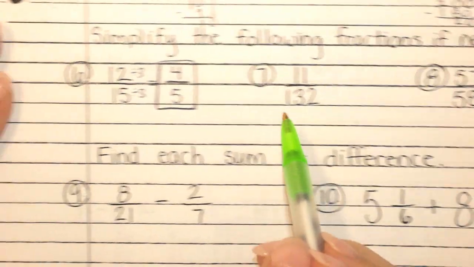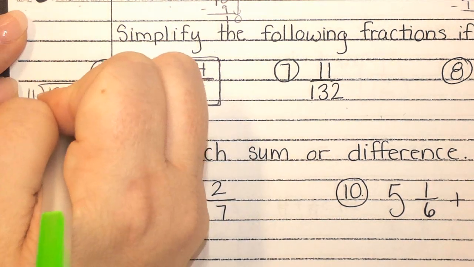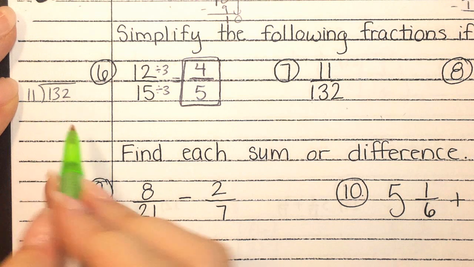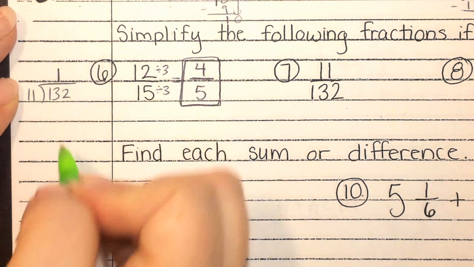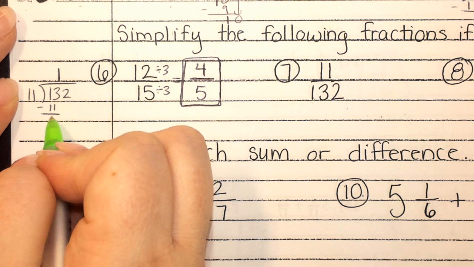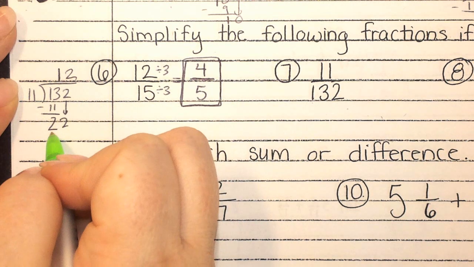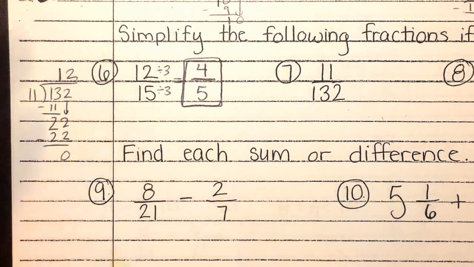And if we're not sure, guys, 11's the only number I can use, so I'm going to go to the side, 11, 132. 11 will go into 13 once. 13 minus 11 is 2, bring down the 2, 11 will go into 22 twice. So did 11 work? Yes. So you can divide them by 11.